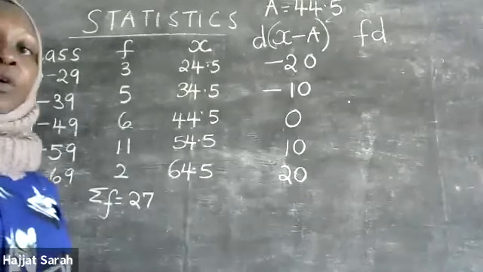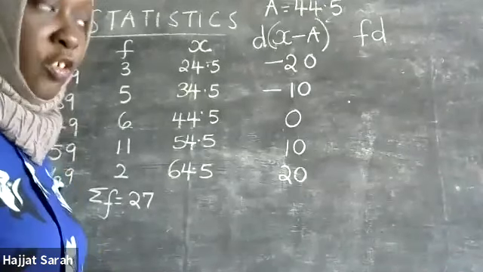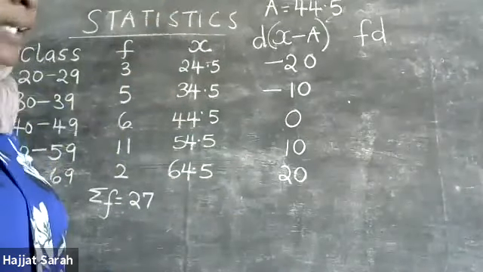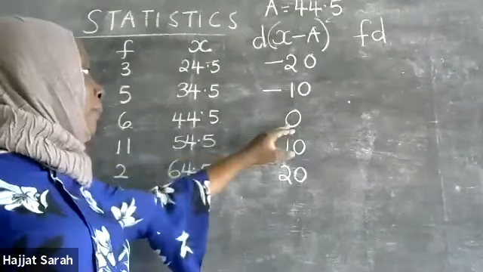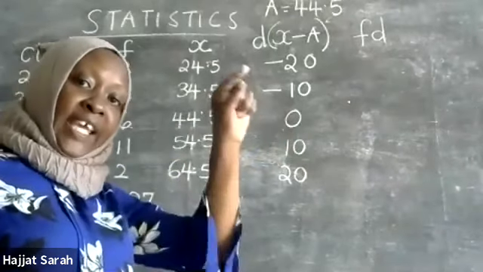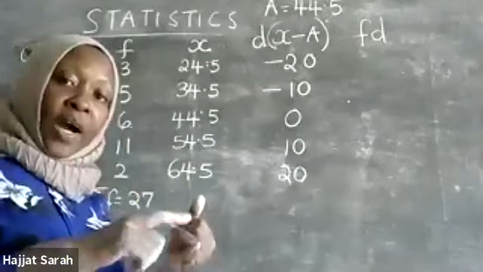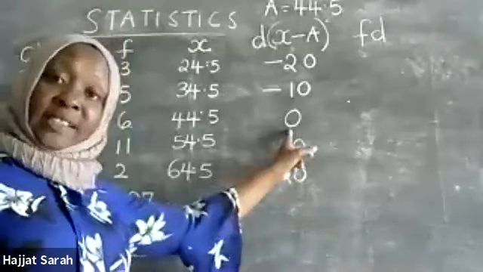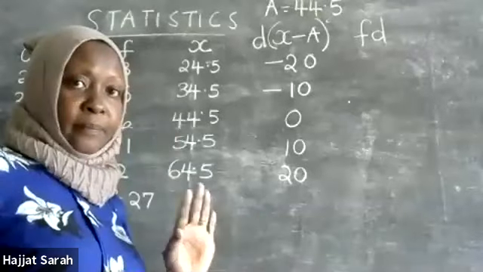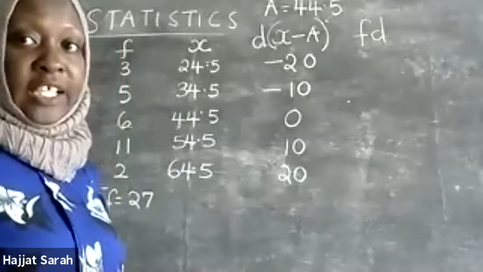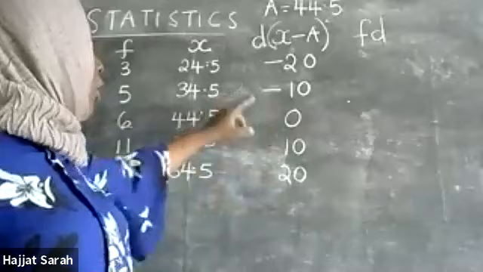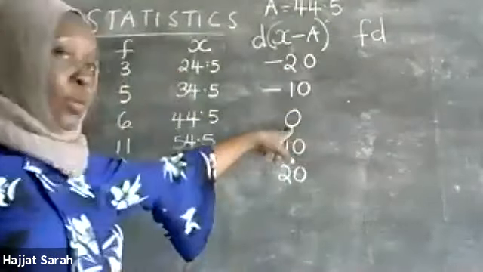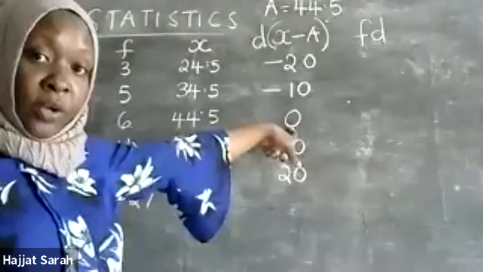Now, this is what you need to remember. When we are using a working mean, in most cases there will be a value whereby the working mean is the same as the class mark, which will give you a 0. It's not always the case, but for most of them, you will get a value whereby x is the same as A, so your answer here will be 0.